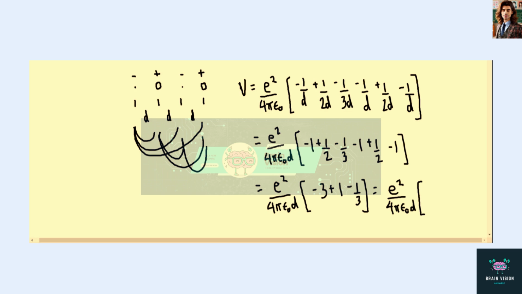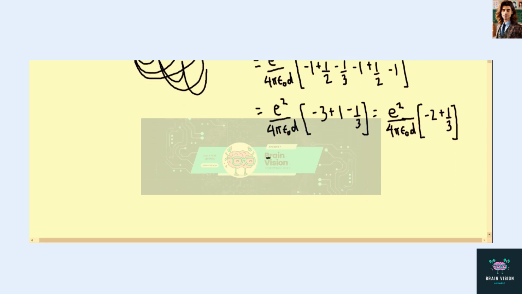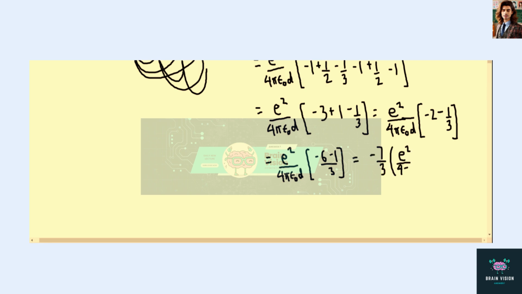So now you get negative 2. Really, that should be a minus 1/3, so let's go ahead and scroll down. That changes to a negative 1/3, and we get negative 6 minus 1 over 3, and that becomes negative 7/3 times e squared over 4 pi epsilon naught d.